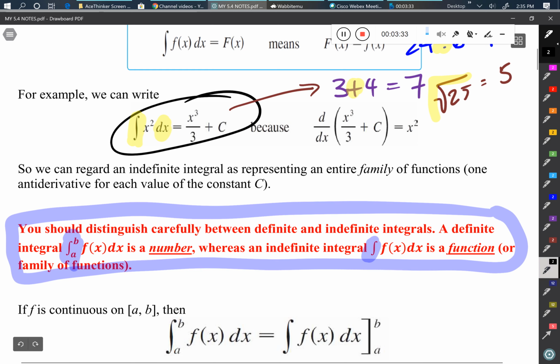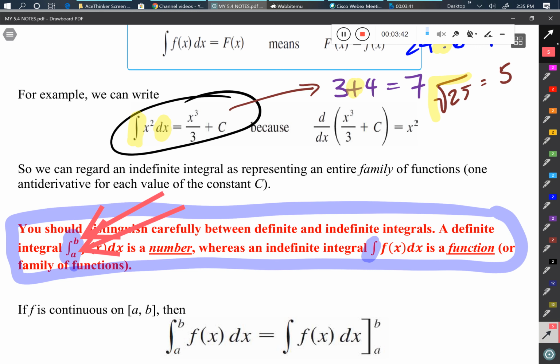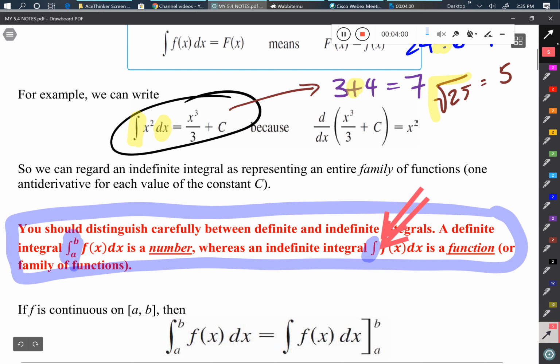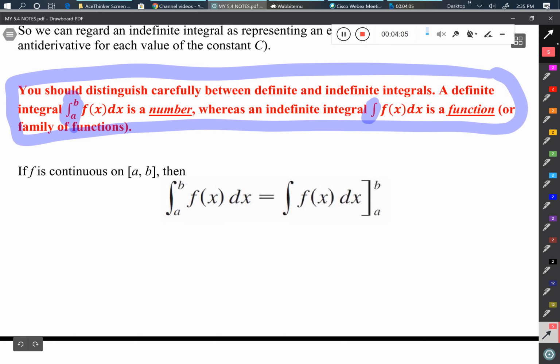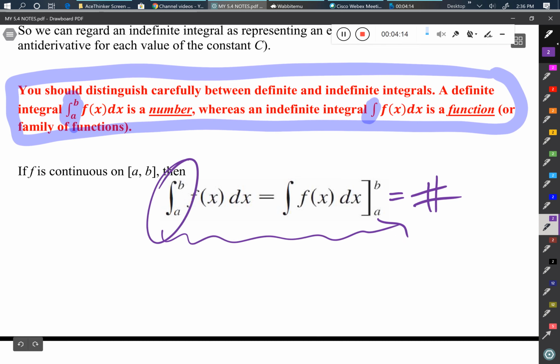If you have limits of integration that are numeric, numbers there and there, then when you perform that mathematics, that answer is going to be a numerical value, because those limits tell you to evaluate and get a numerical response. When you do not have limits of integration, your final answer is going to be a function because you don't have anything to evaluate. So when I do this right here, I know that my final answer is going to be a number because I have limits of integration.